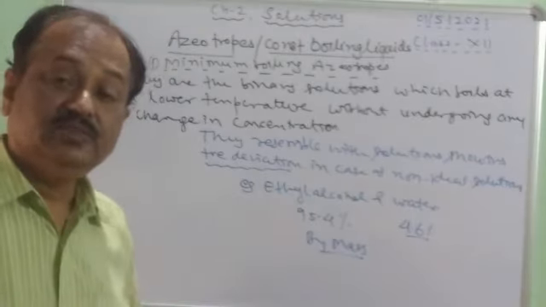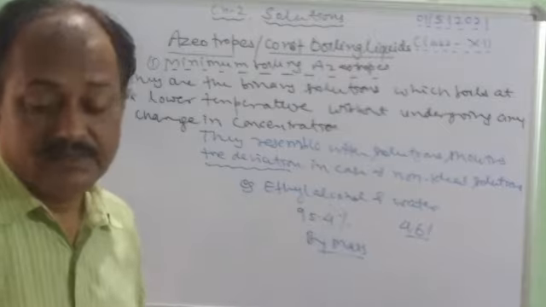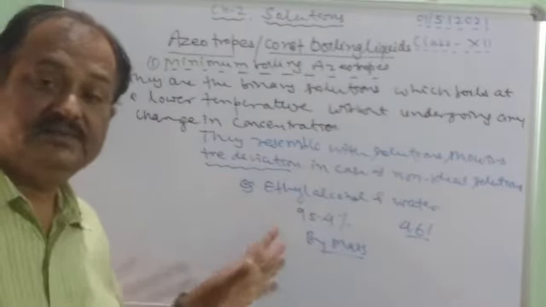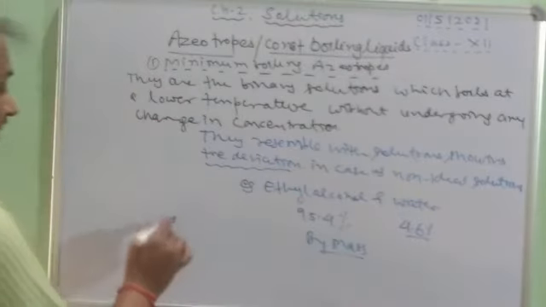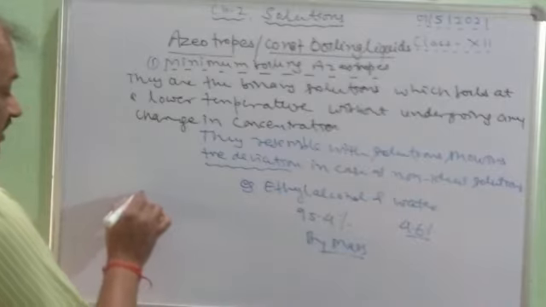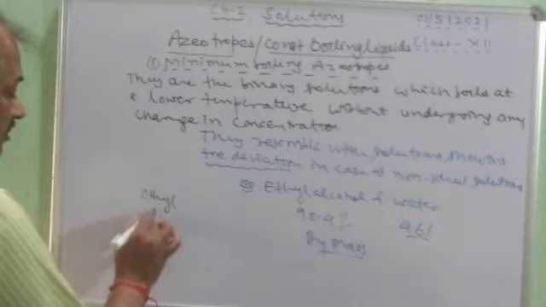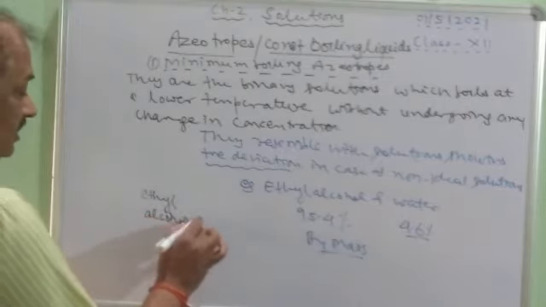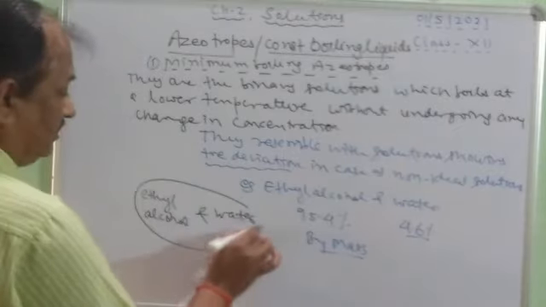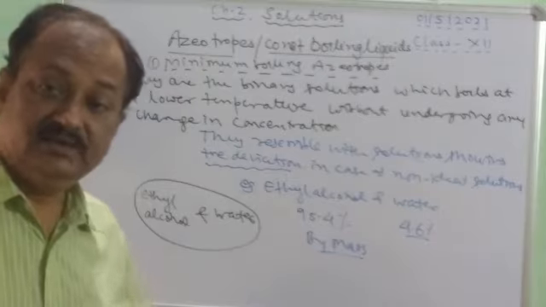So the point is, what is the reason behind it? Actually, as you know, the positive deviation means the force of attraction between, suppose we take ethanol or ethyl alcohol and water, is such that the evaporation takes place at low temperature.